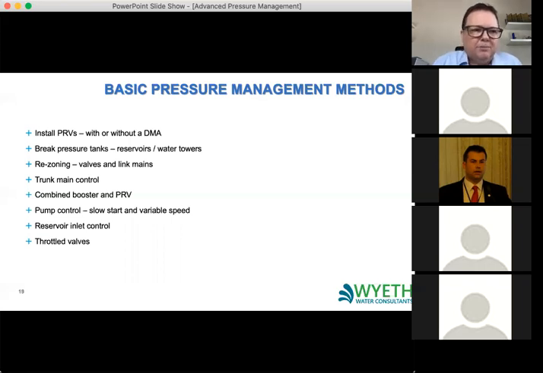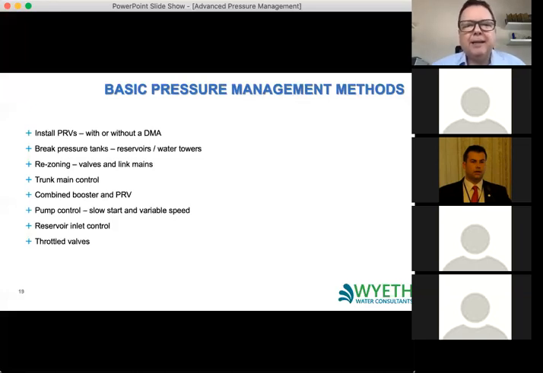Throttled valves, probably my biggest bugbear, because so many utilities will control pressures around their network by throttling gate valves. And it's the worst thing that you can do, because it doesn't actually reduce pressure properly, but it creates a head loss.